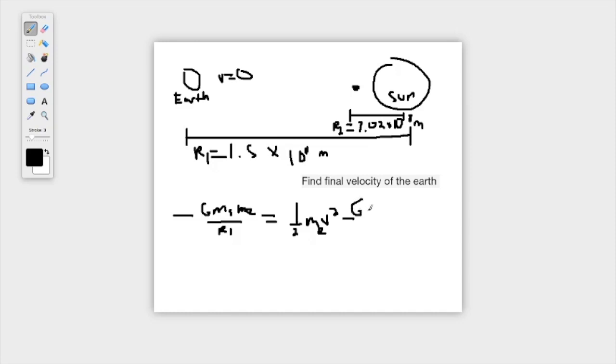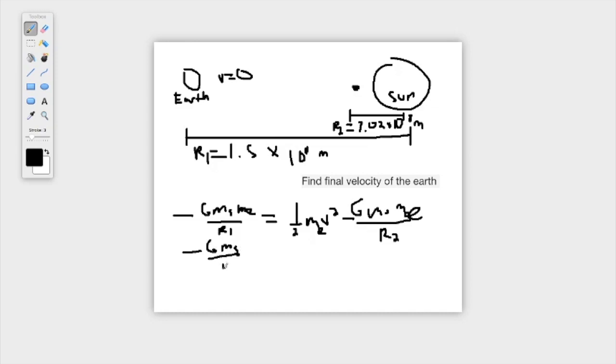So G Ms Me over r2. Because all of these have a mass of the Earth, I'm going to just simplify this.